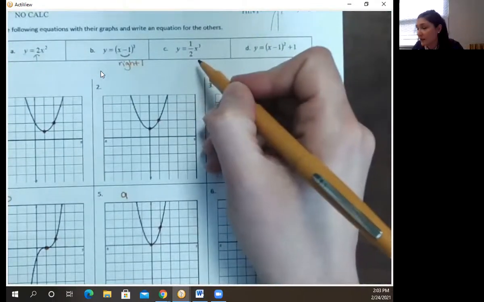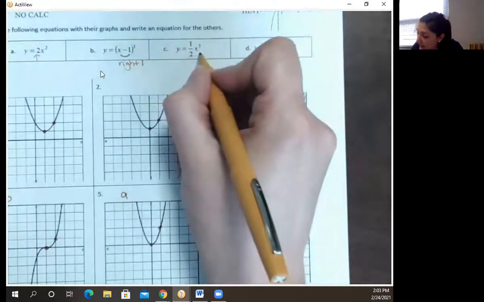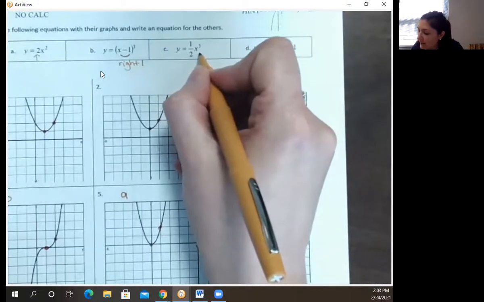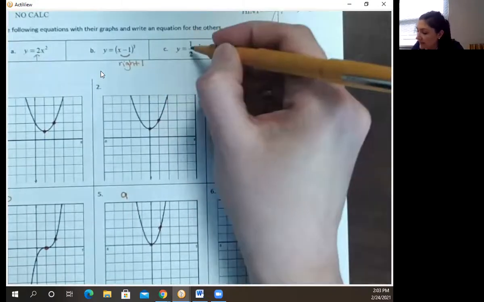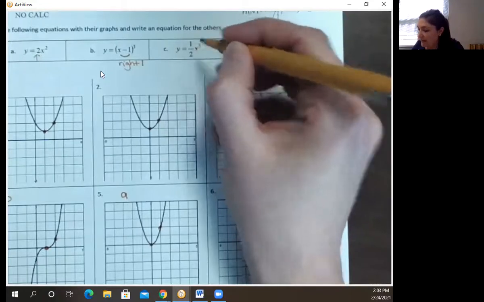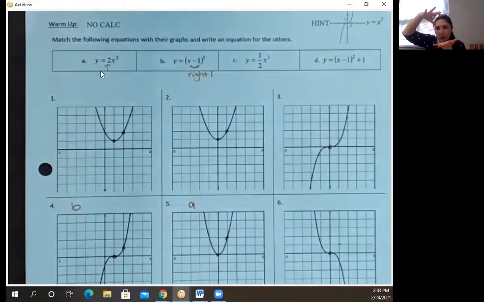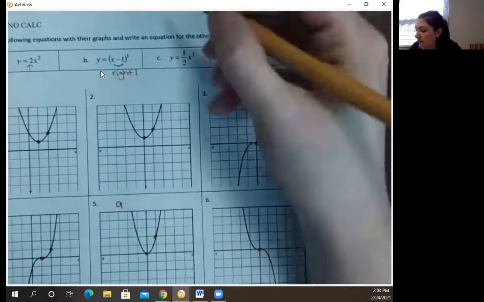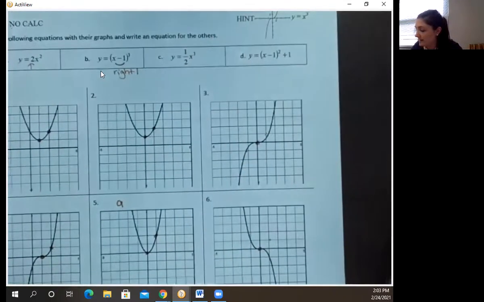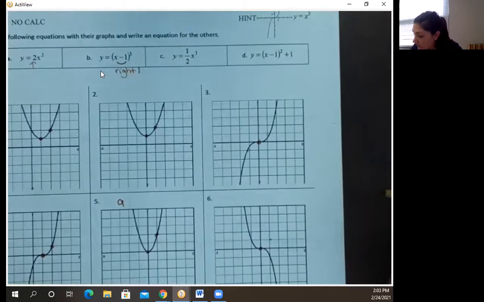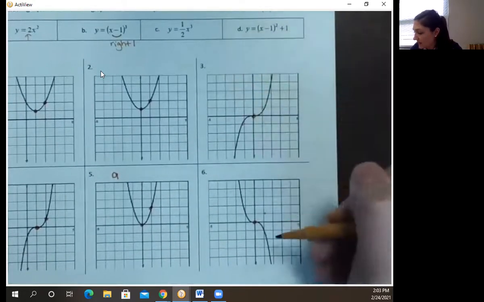C is another x cubed function. This time, we're not shifting left or right or up or down at all. Instead, we're compressing. Instead of stretching to be taller like we did with A, we're going to flatten out since our lead coefficient is less than 1. Our last 2 cubic graphs are 3 and 6.